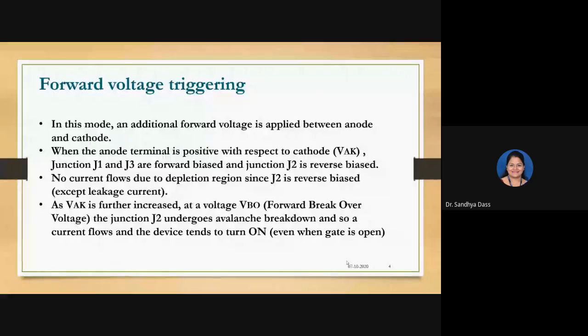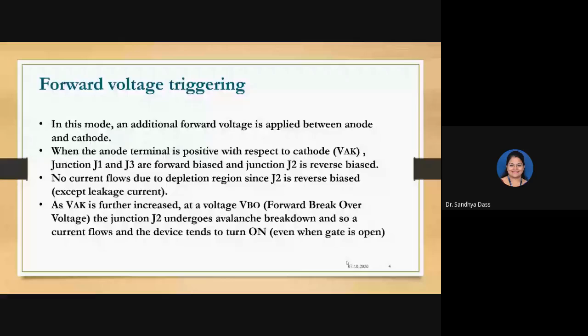So when the device turns on, immediately the anode current starts increasing tremendously, and the voltage across the device will be minimum. We know that when the device is turned on, the voltage across it will be very small. For an SCR, it is 1 to 1.5 volts.